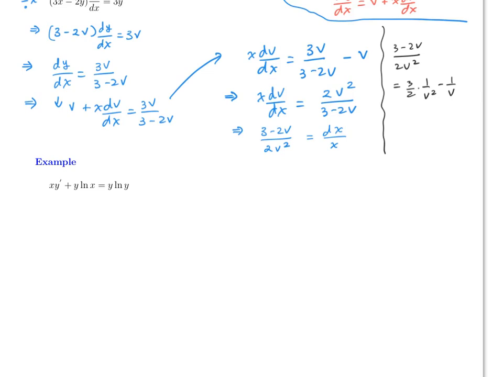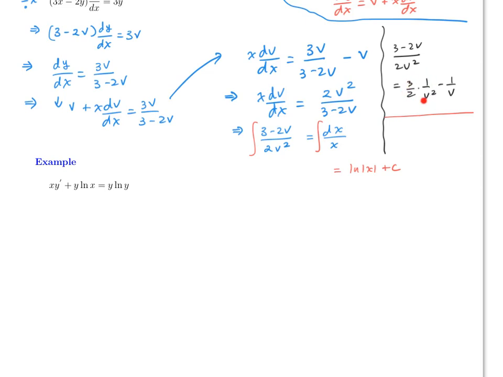So therefore, if we integrate both sides, the integral on the right side is easy. It's just ln x, like I told you. That will be the case all the time.